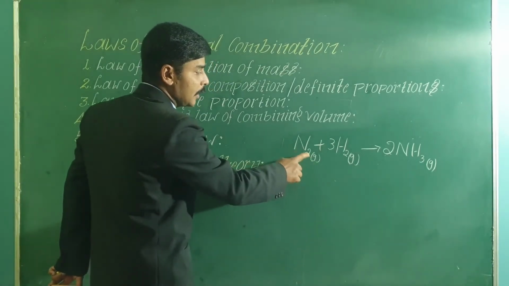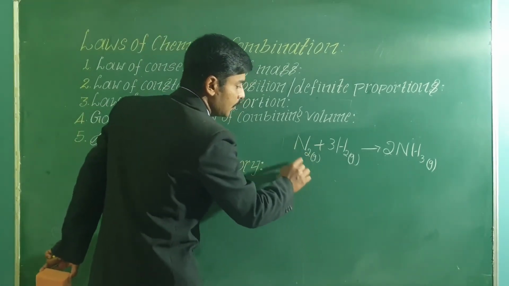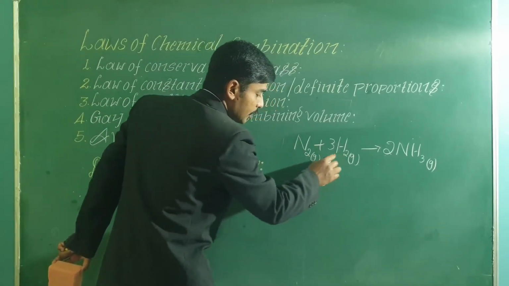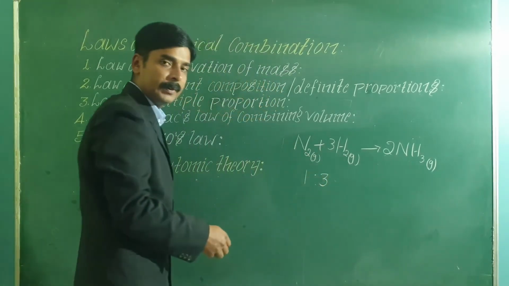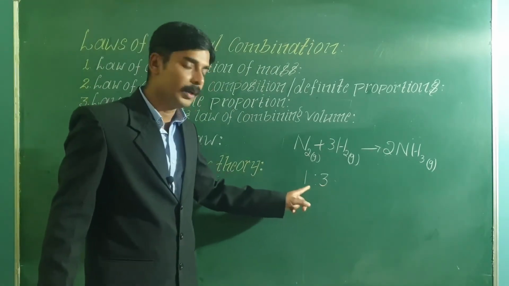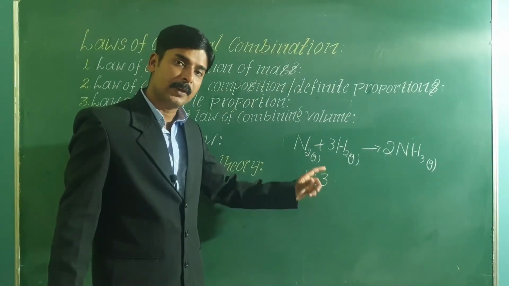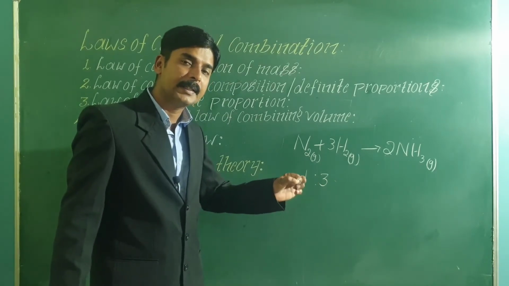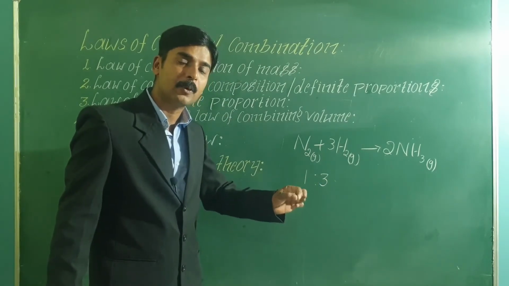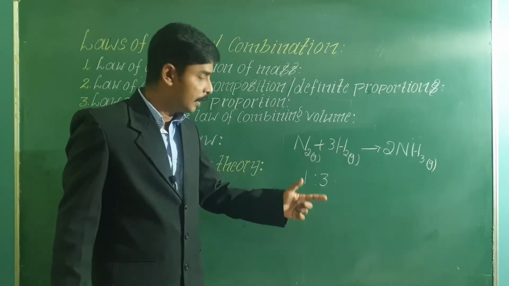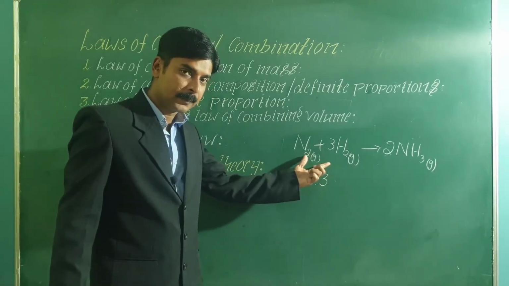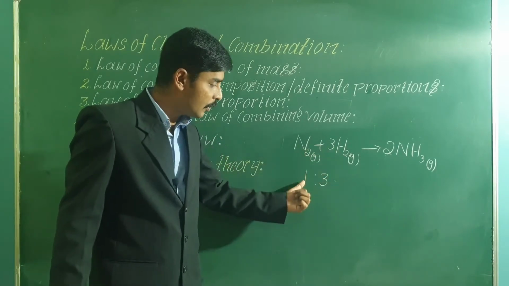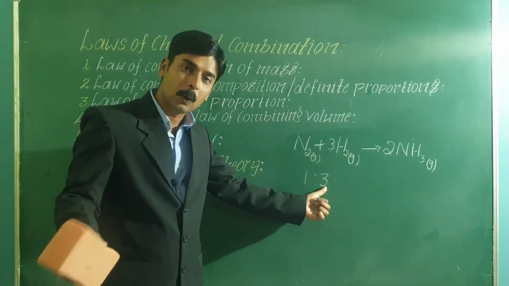You see, in this case we have 1 mole of nitrogen gas and 3 mole of hydrogen gas. You take the ratio. See, the ratio is a simple whole number. That is, whenever gases combine, they always combine in a simple whole number ratio by volume. In this example, nitrogen and hydrogen combine in the ratio 1:3 by volume.